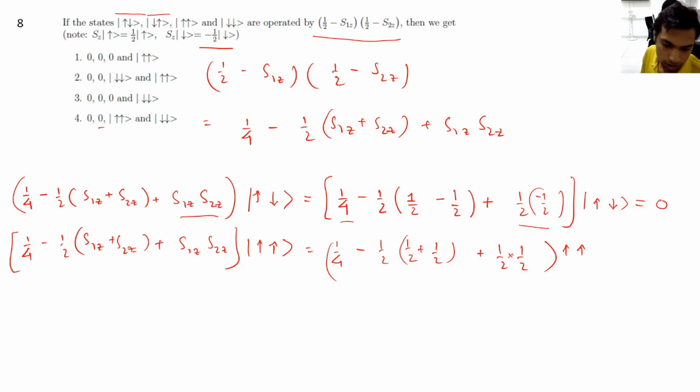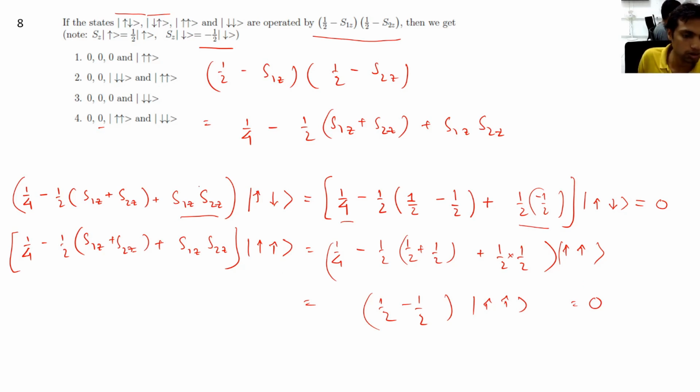So what you get here is 1/4 plus 1/4, which is 1/2, and half plus half is 1, so it is minus 1/2. So for the up-up state also you are getting 0. So either this is the answer or this is the answer. Let us try the other one as well.